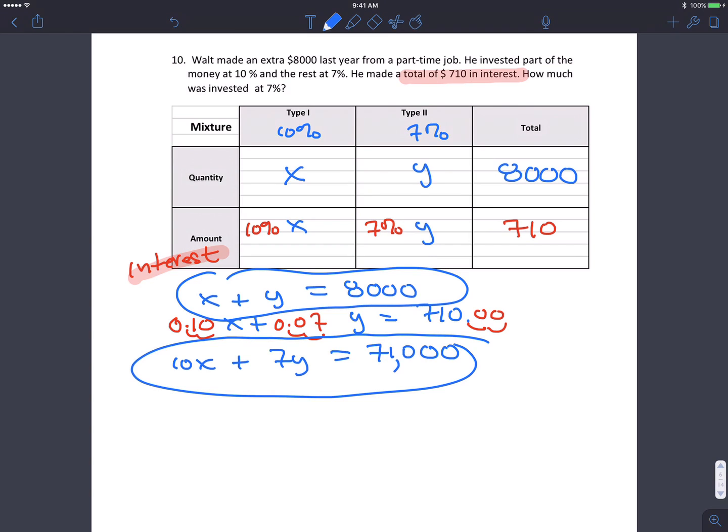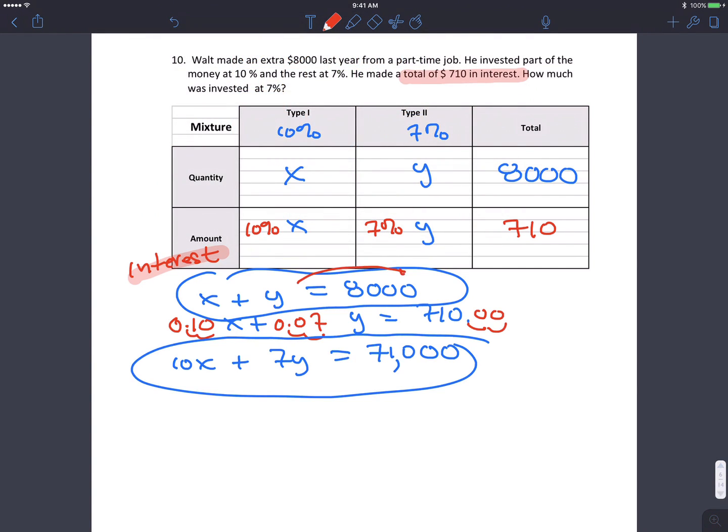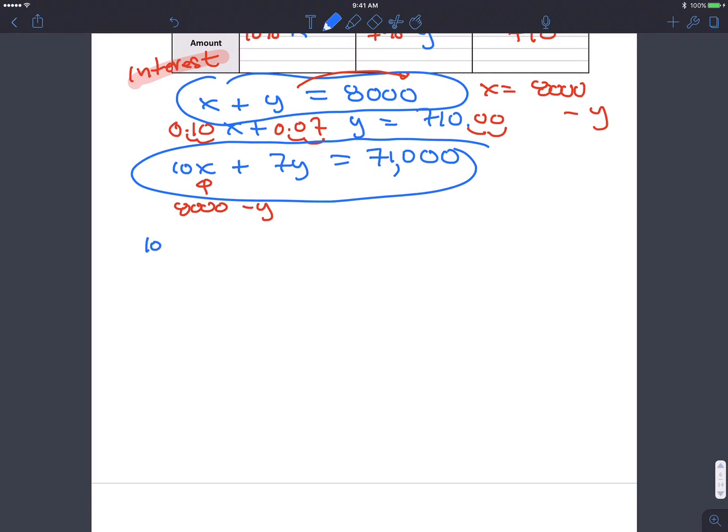Here's my first equation. We're going to substitute. Translate the Y, and you get X equal to 8,000 minus Y. Substitute that into the second equation, and here's what we get. 10 times 8,000 minus Y plus 7Y is 71,000.